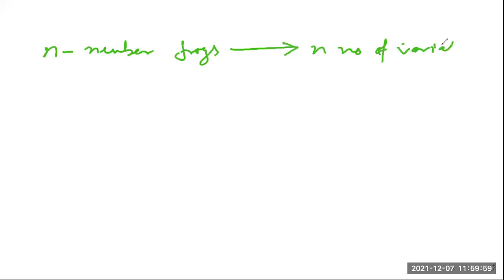Let us say you have n number of frogs. Again, whatever we are doing has a direct link to our mathematical problem. So these n frogs are n variables.